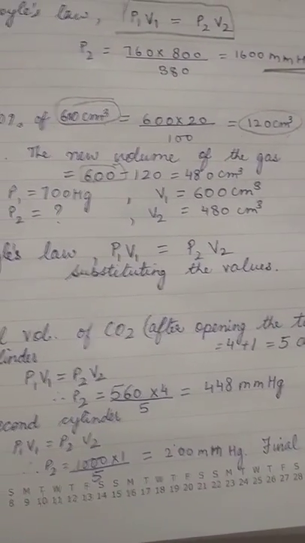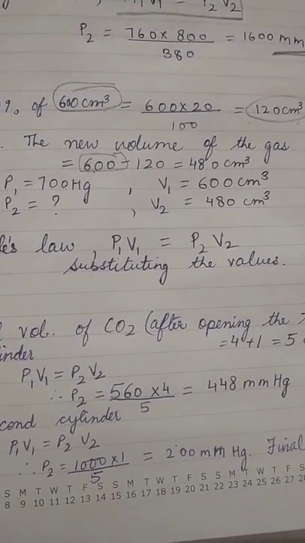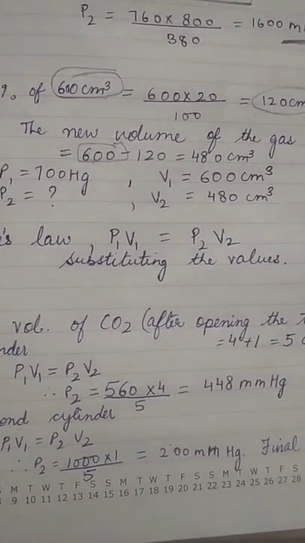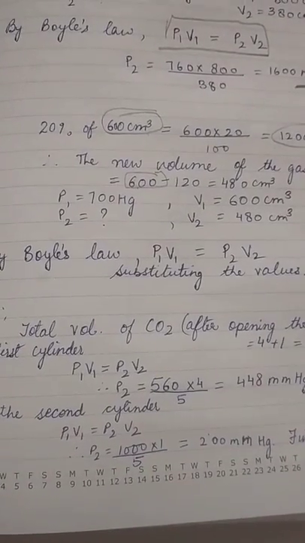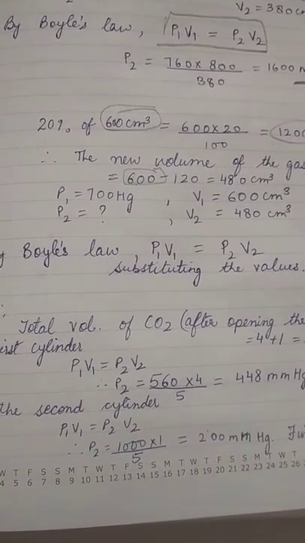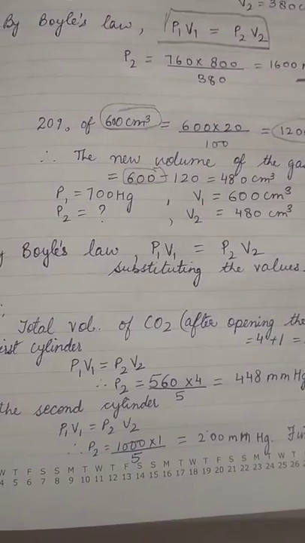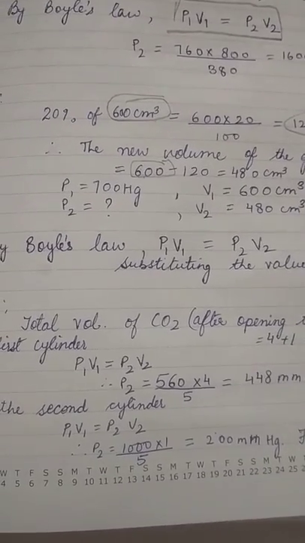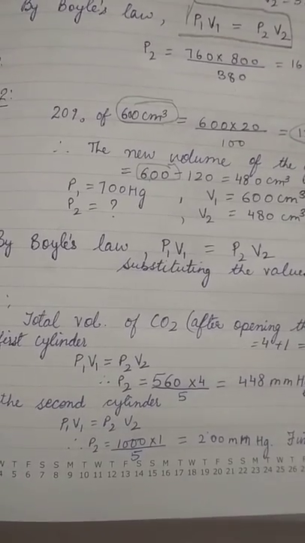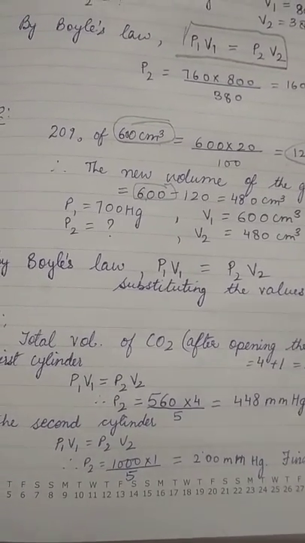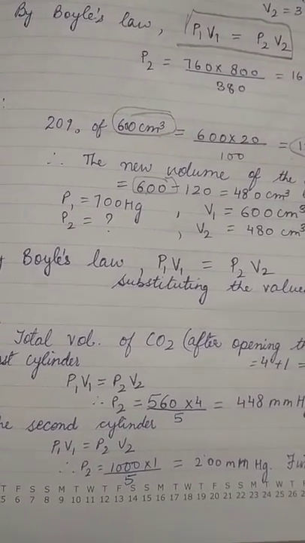Now there are two cylinders, and they are connected. So for the first cylinder we have P1 as 560, V1 as 4, because one of the volumes is 4 and the other is 1. If we see the total combined volume, then we have to find out the P2.